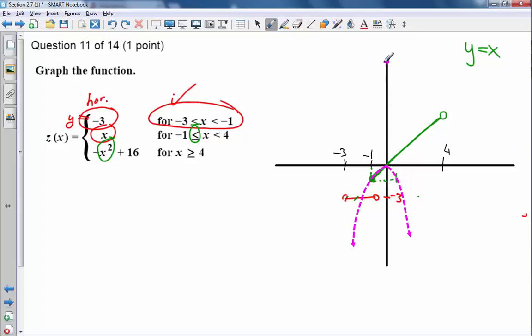So this is as high as I can go. This is 16. Alright? And I'm going to plot it right here.